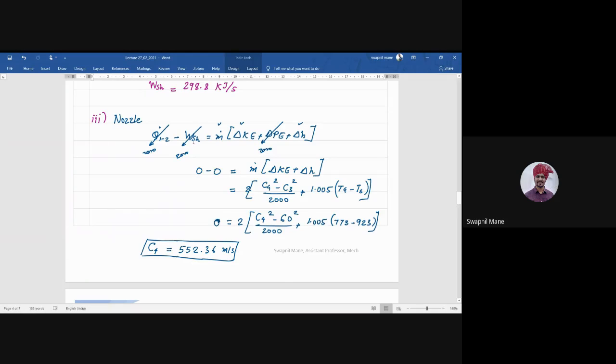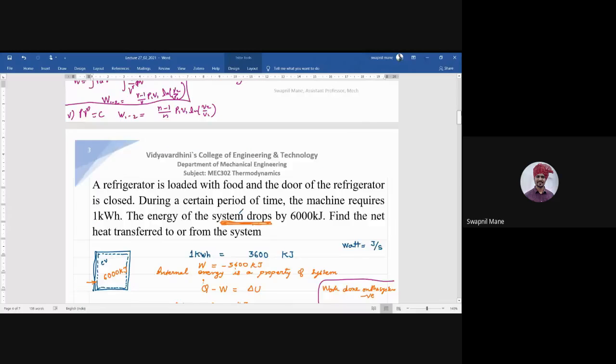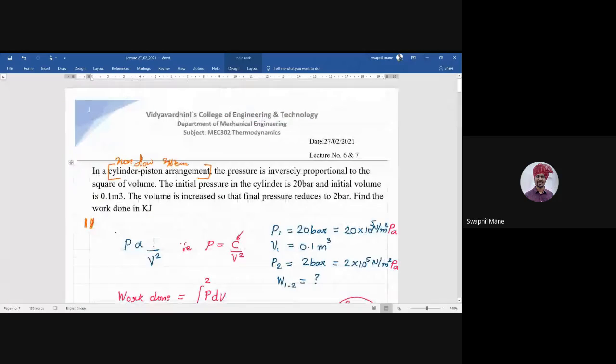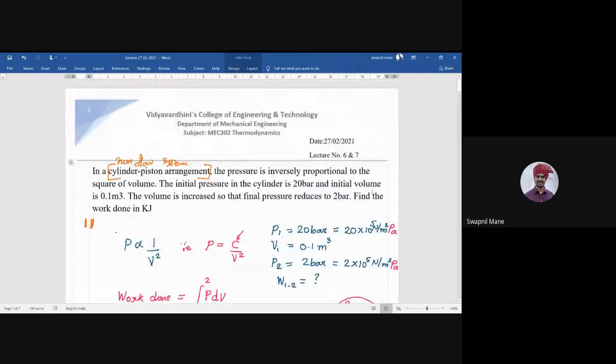Okay, so let's summarize what we have done up till now. We started with some problems on the open system and closed system. First law applied to open system, closed system. We differentiated. Now you will be able to differentiate between open system and closed system.